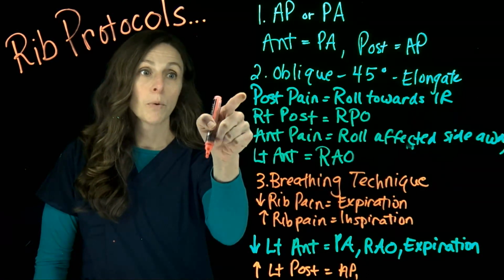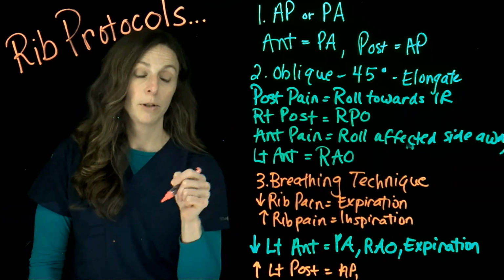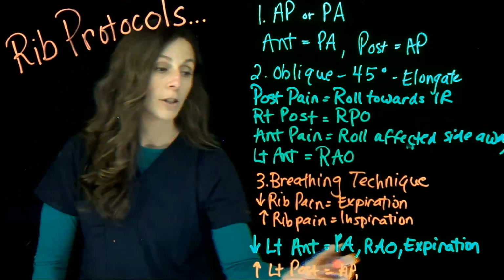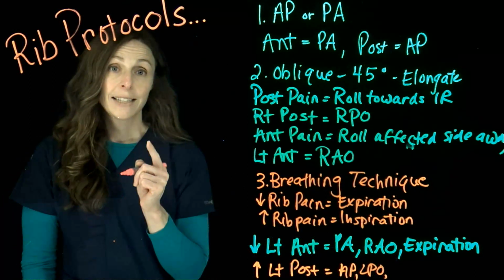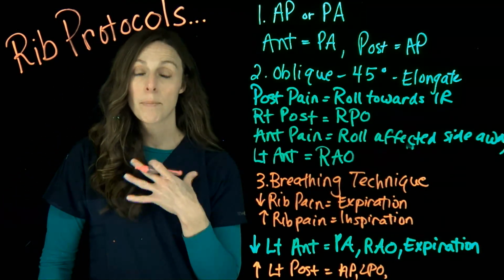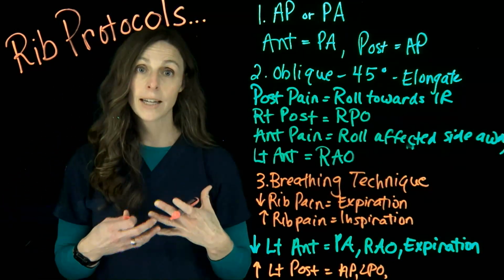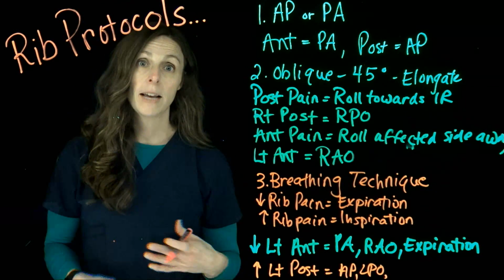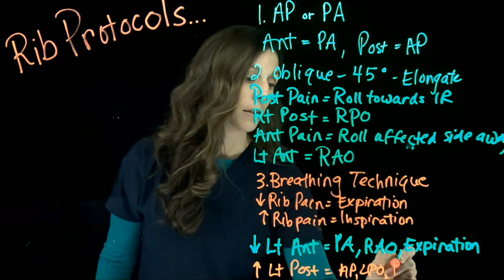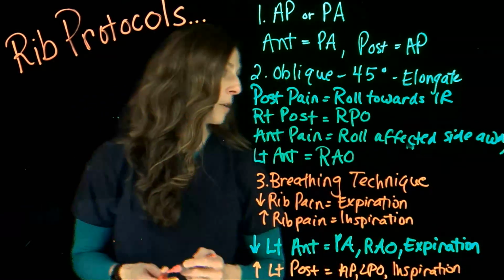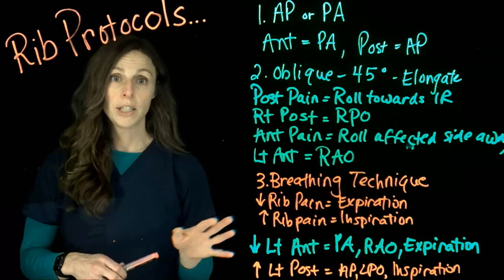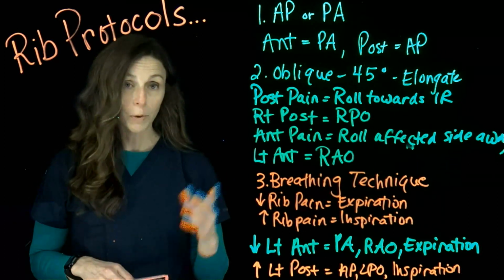I know I roll posterior pain towards the image receptor, and it's the left, so I'm going to do an LPO. Last, my breathing. I know it's upper rib pain, so I want to do this on inspiration to drop the diaphragm out of the area of interest. Perfect. And I have a whole bunch of scenarios that we're going to practice when we're together in lab.